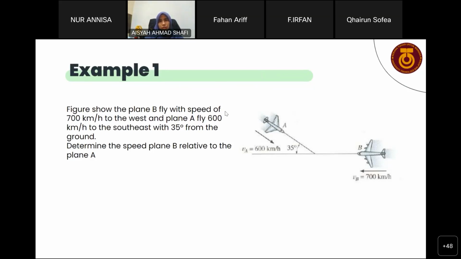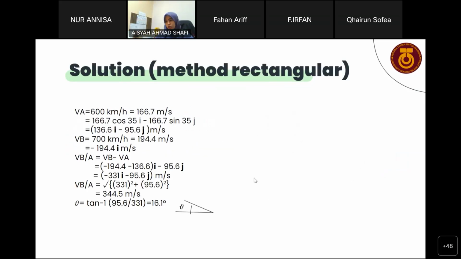Do you know how to change from kilometer per hour to meter per second? Okay, this is the solution.